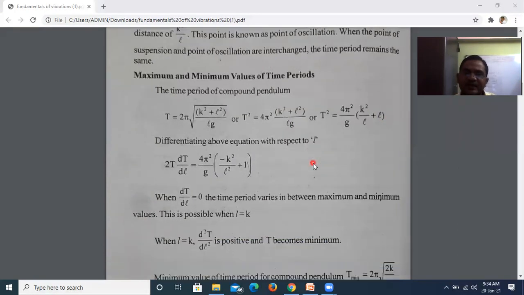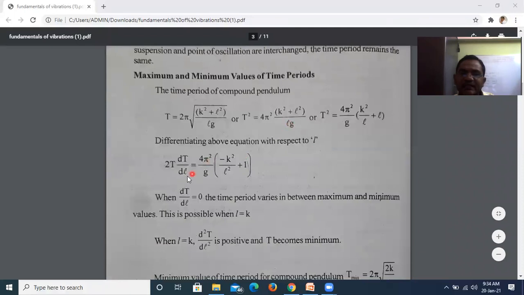Differentiating this equation with respect to small l on both sides, we get 2T dT by dl on the left side, equal to, on the right side, 4 pi square by g, which is constant, times the derivative of k square by l. k is constant, the radius of gyration.